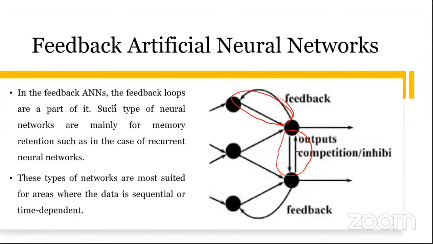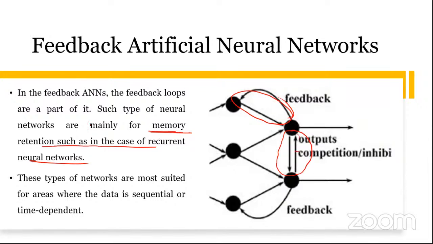Such neural networks are mainly for memory retention. I don't know whether all of you know about it or not. In language translation, machine translation, language transliteration, and image captioning, whatever network we use in such problems is the feedback artificial neural network.